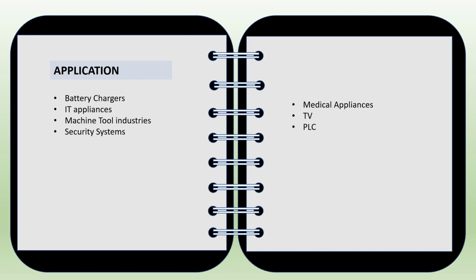Then machine tool industries, security systems. In security systems, you can say camera power supplies. After that, the medical appliances, say incubators, then ventilators. So after that, TV, PLC. There are many appliances where SMPS are used.